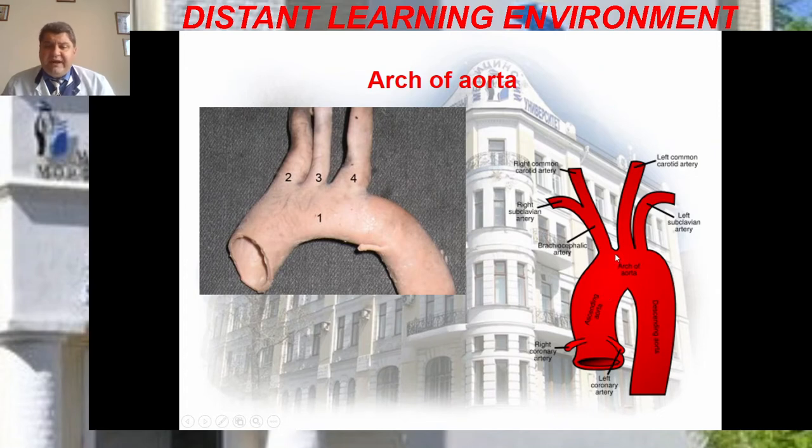You may see brachiocephalic artery on the right side. The brachiocephalic artery is maybe 6-7 centimeters long, and it divides into two arteries. You may see here right common carotid artery and also right subclavian artery.